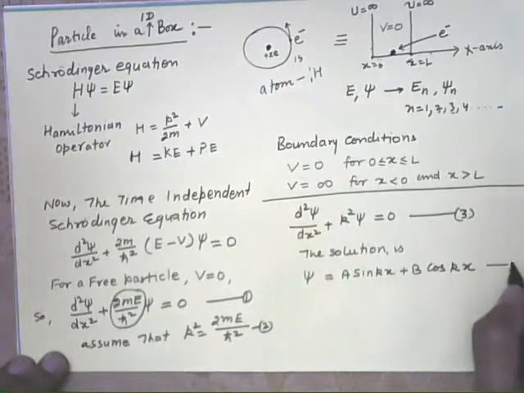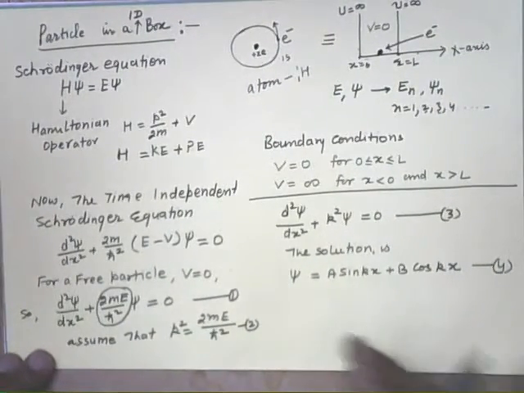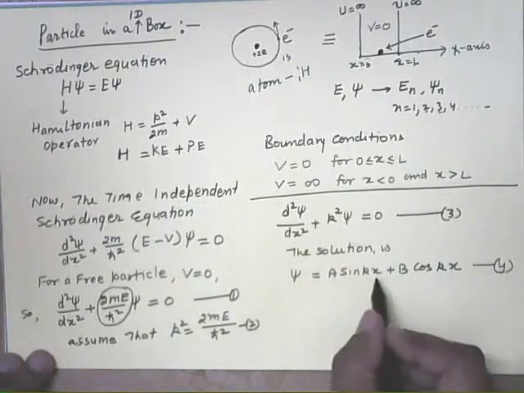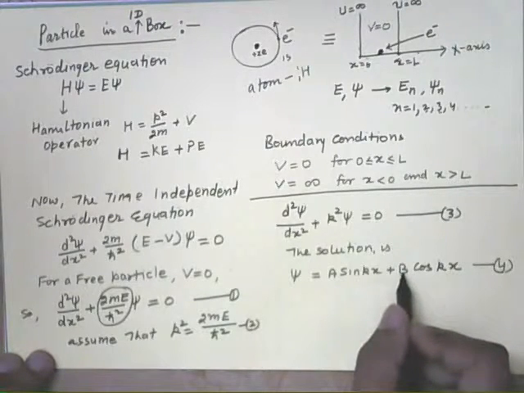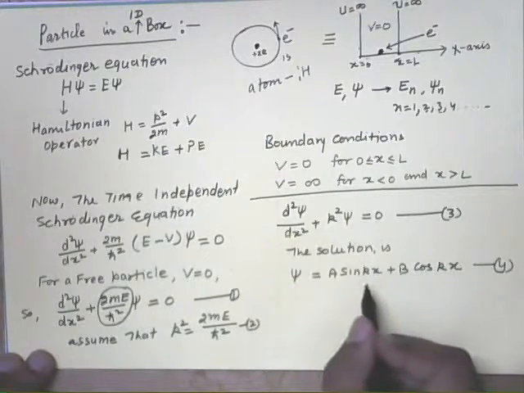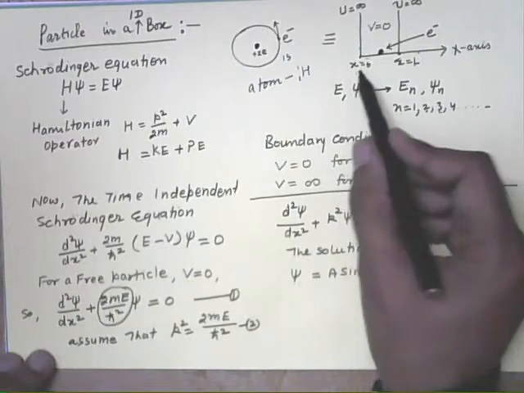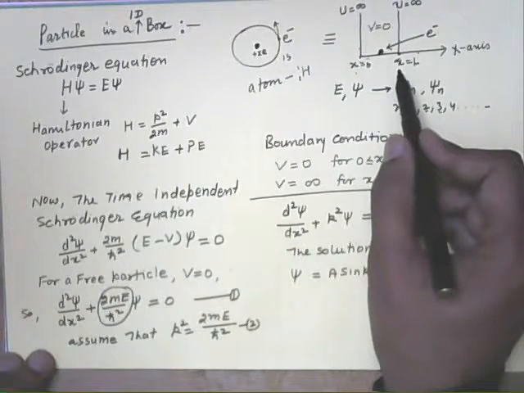Suppose this is equation number 4, where A and B are constants, and the values of A and B can be determined by applying the boundary conditions x = 0 and x = L.